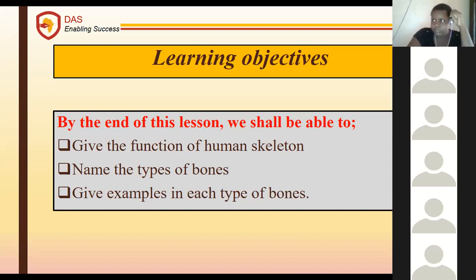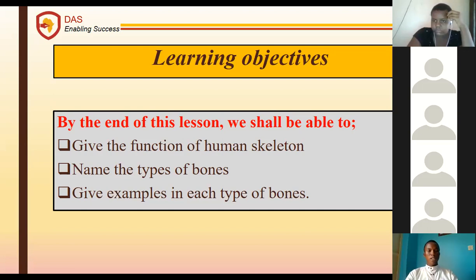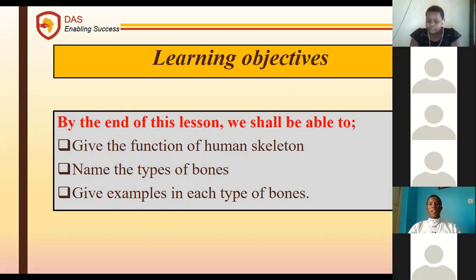It protects delicate body parts. Very good. Protects delicate body parts. Thank you. Pony, give us the answer. After giving the answer, you mute yourself, please. It allows movement of the body. Very good, girl. Thank you. It allows movement of the body. Thank you. Steven. Teacher Pony took my answer. Okay, thank you. It's okay, it's okay.